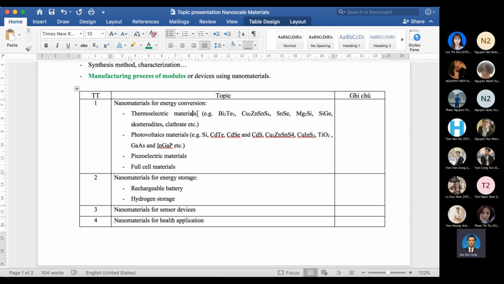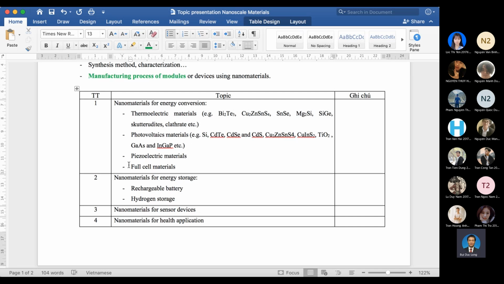These materials can generate clean and safe energy. Maybe I will explain to you later. Today we don't have much time to explain the detailed or interesting applications of these materials. Maybe next week I will continue to explain. But this week I just give you a briefing on what these materials are.